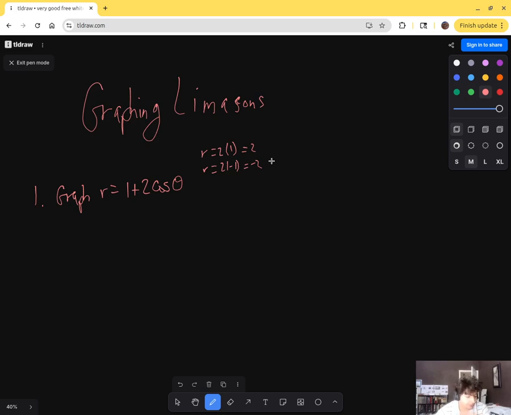So that means, whoa, what the heck did I just do? Completely disregarded the equation. r is equal to 1 plus 2 times 1 is equal to 3. r is equal to 1 plus 2 times -1, which is equal to -1.